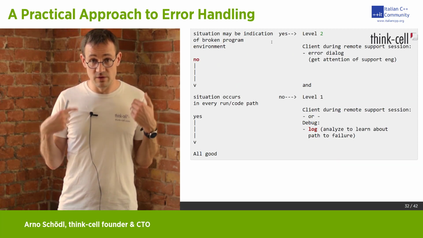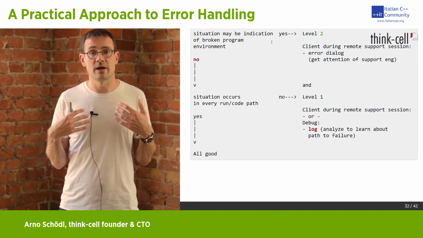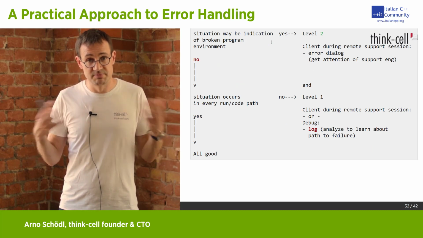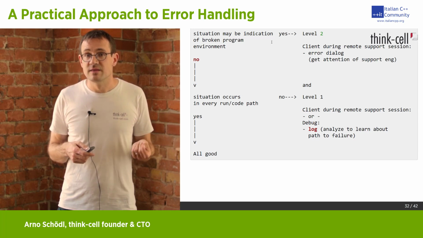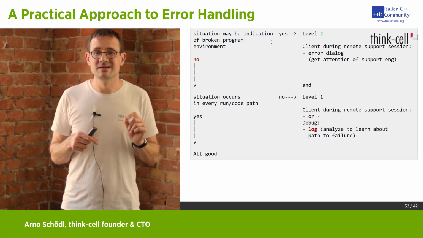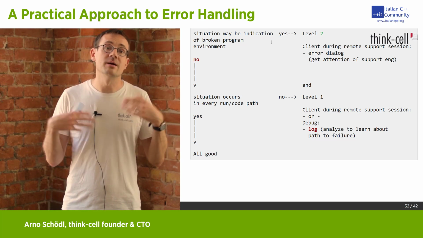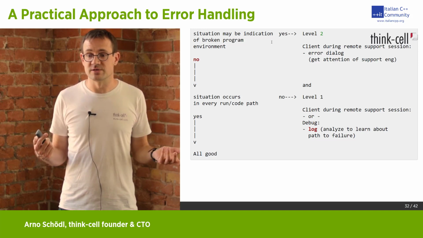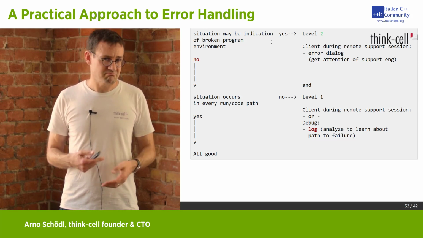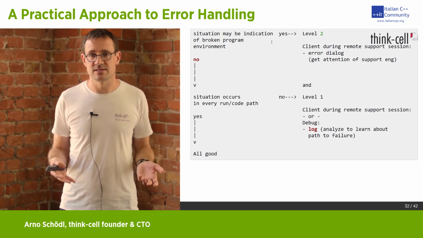Now, if you go even further down, we are in a situation where the user experience is good, everything is handled, everything is fine, but the situation may still be an indication for something else. It may be an indication for a broken environment, for example. An example would be that you cannot access a directory that you usually are able to access.